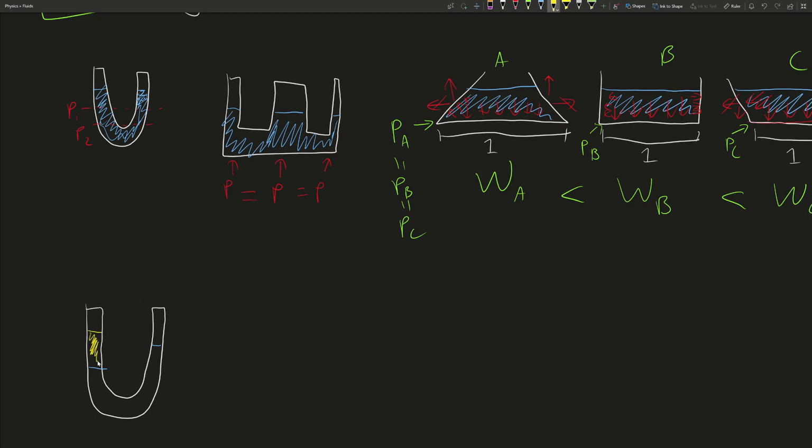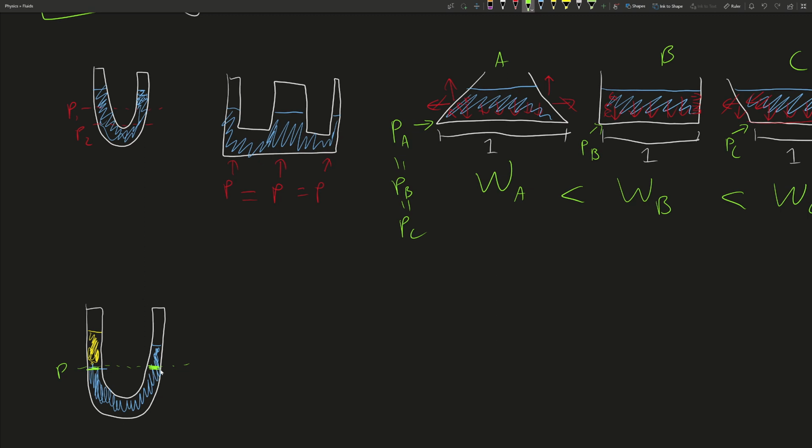So oil takes up this volume, and then water fills up the rest of this too. And then we might ask, okay, well, what is the pressure at this level? So what is the pressure here? The pressure at this point here is going to be the same as the pressure at this point, because we only consider the water as the fluid here.